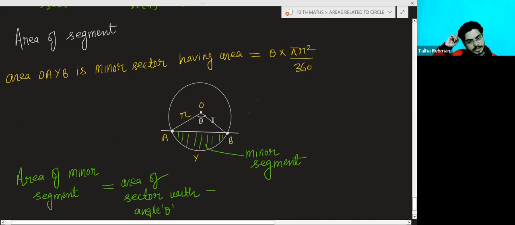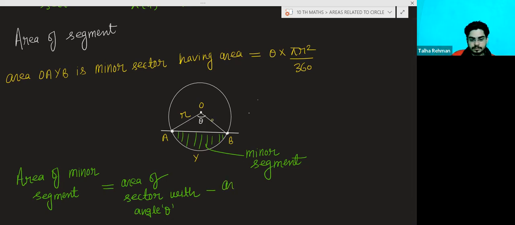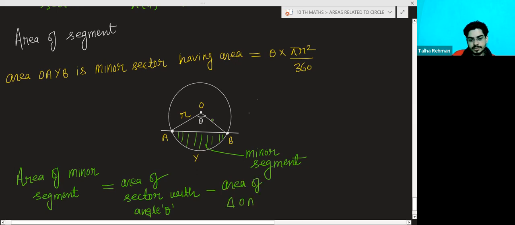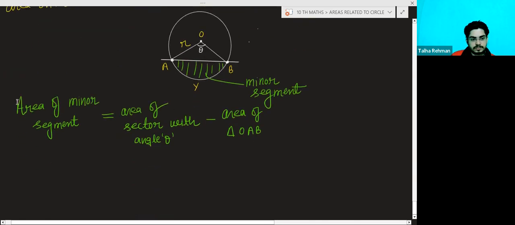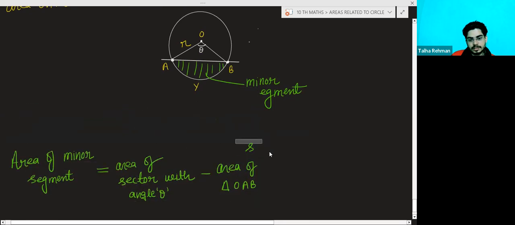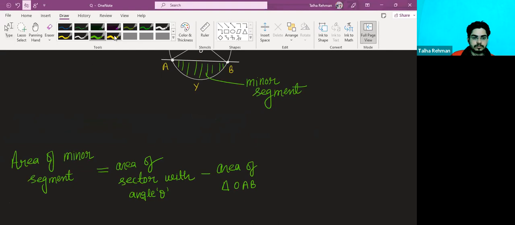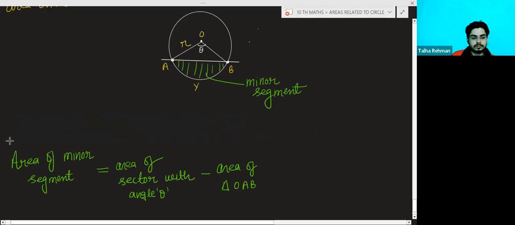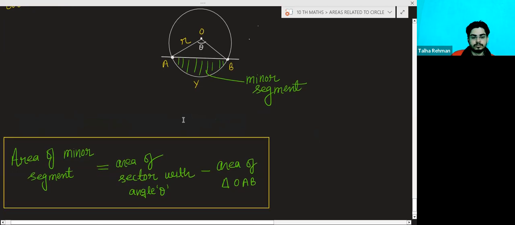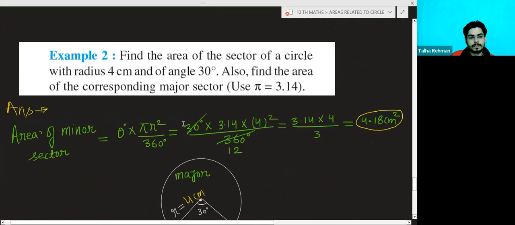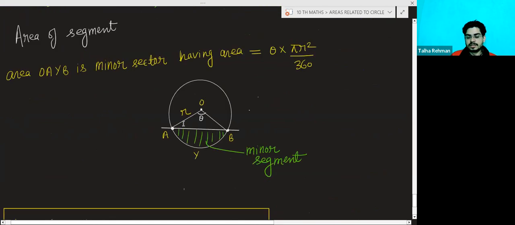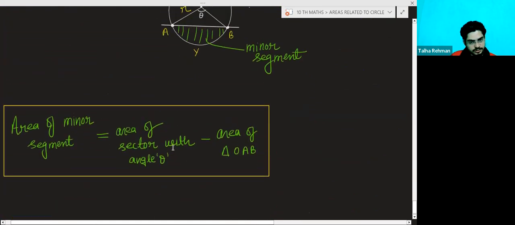Okay, area of triangle OAB. So in this way, we can find area of the segment. Write down, and in the next class we will solve some of the questions on this area of segment.